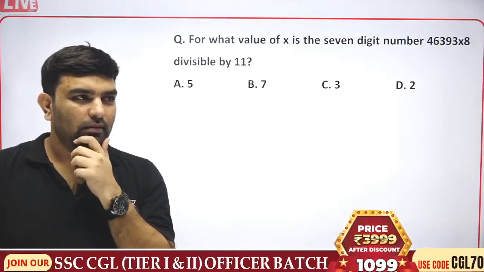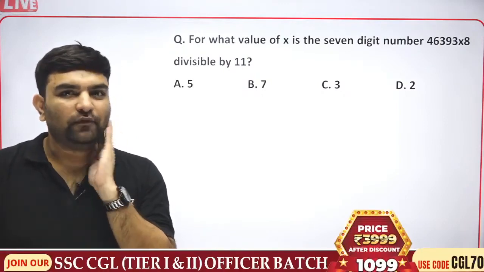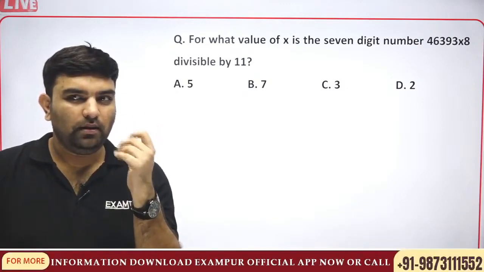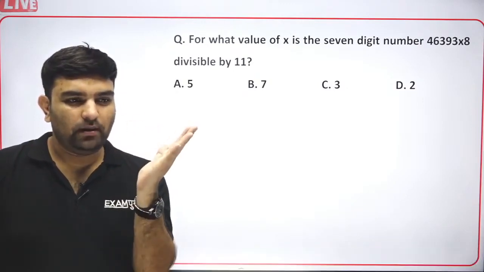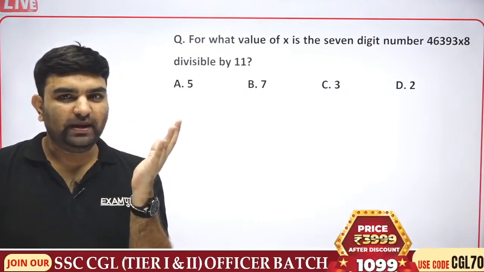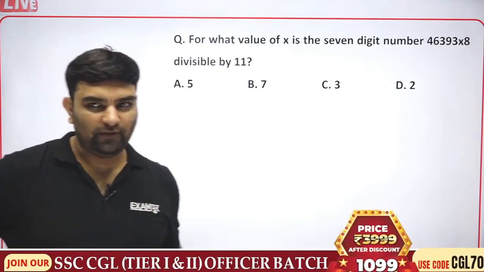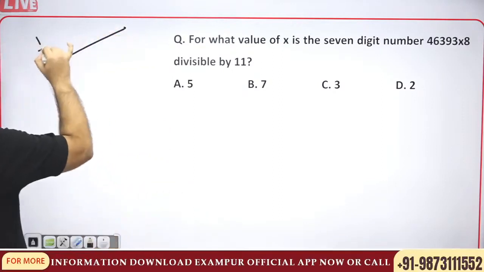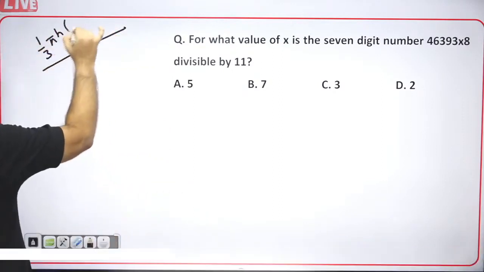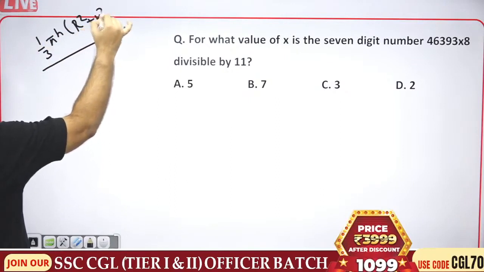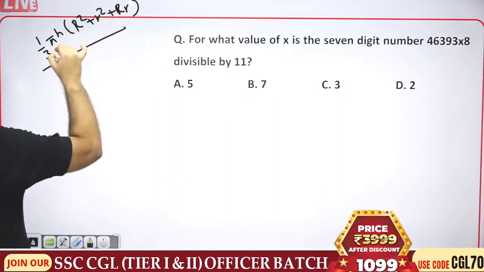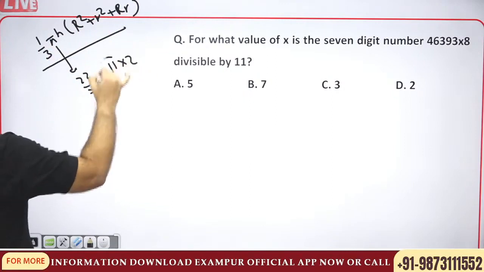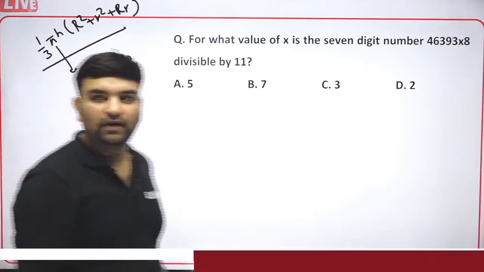Where is 11? Multiple of 11, pi, because pi is in the formula. Pi means 22 by 7. 22 is 11 into 2. 11 is a prime number. You can check the multiple of 11.